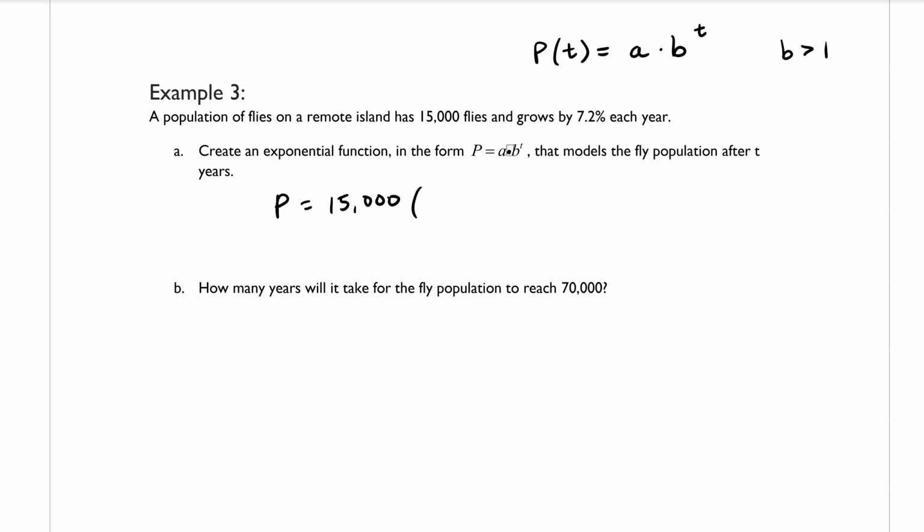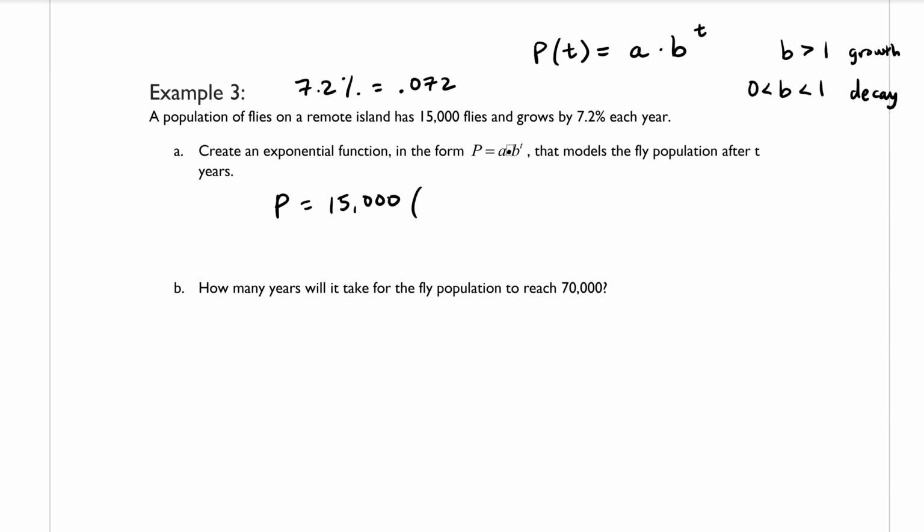And so that represents growth. And then decay is when it's decreasing, and that's when our b value is greater than 0, but less than 1.